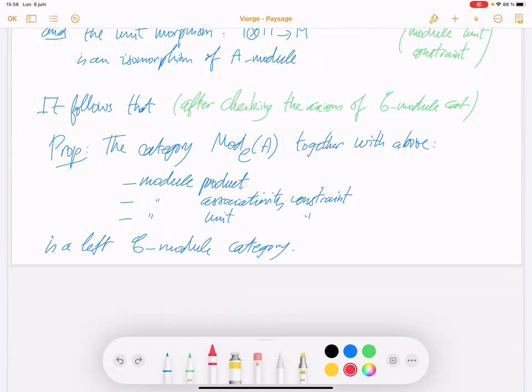So I guess that is why they choose the right A module to be the usual one. What time is it? So it remains 5 minutes before the pause.